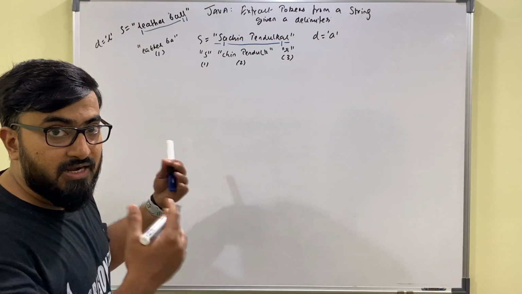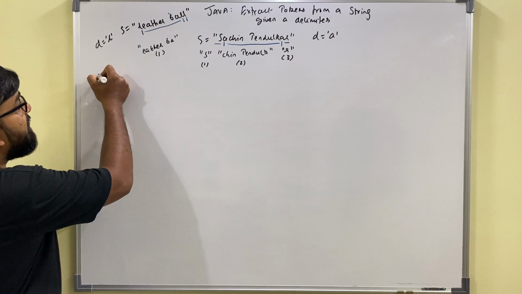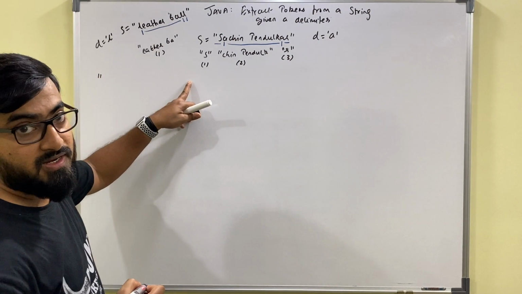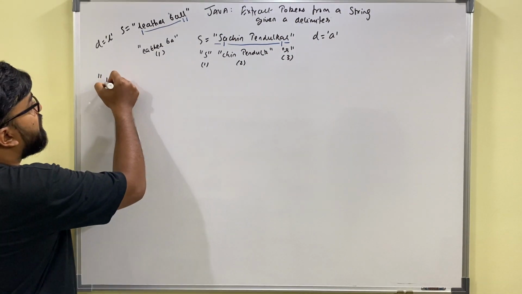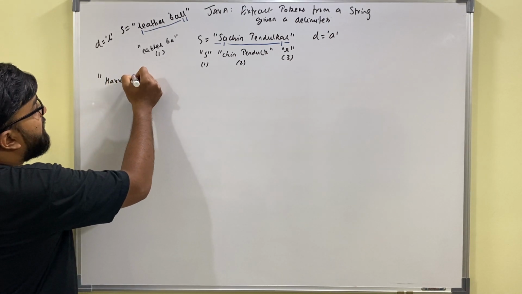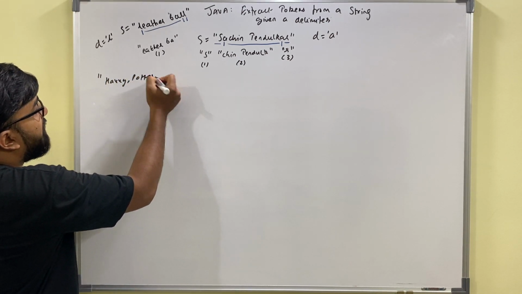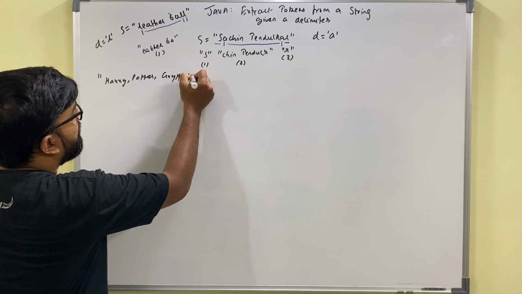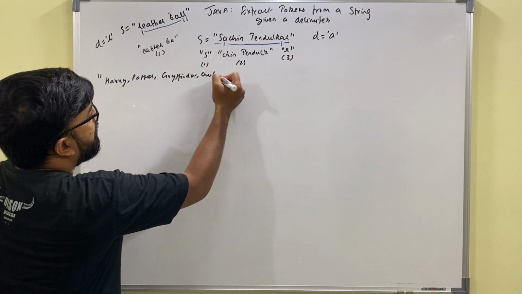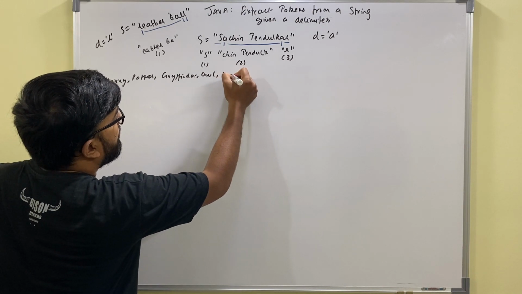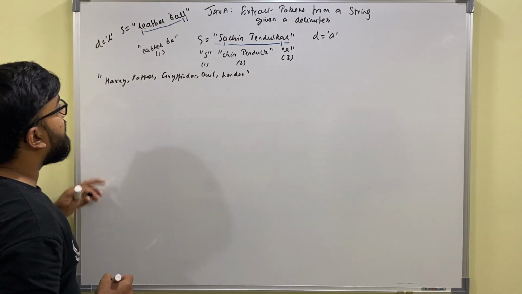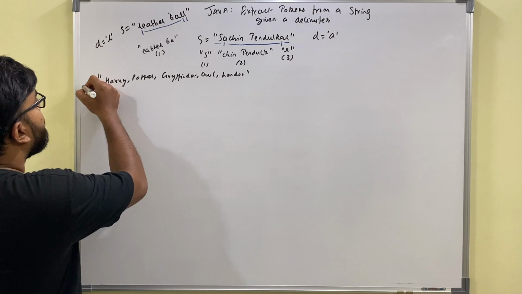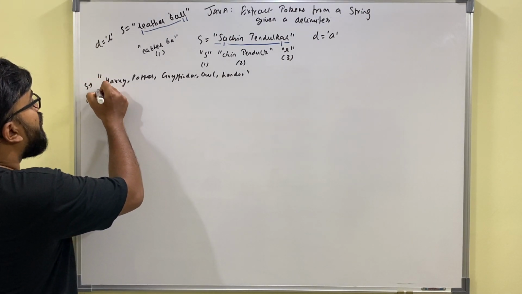The most relatable example that I can give you is a CSV row, a comma separated values line. If you want to have details about something, like Harry Potter, Gryffindor, owl, London, this is my string s, and my delimiter is a comma.